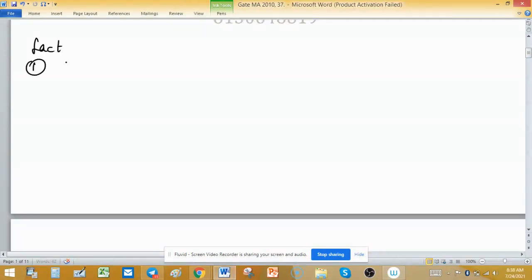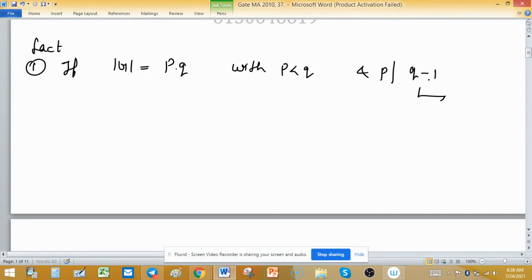Fact 1 is, if the order of G can be written as a product pq where p and q are primes, with the condition that p is less than q and p divides q minus 1, then either G is cyclic or non-abelian.